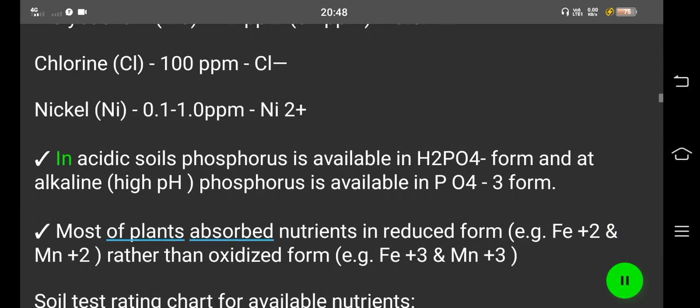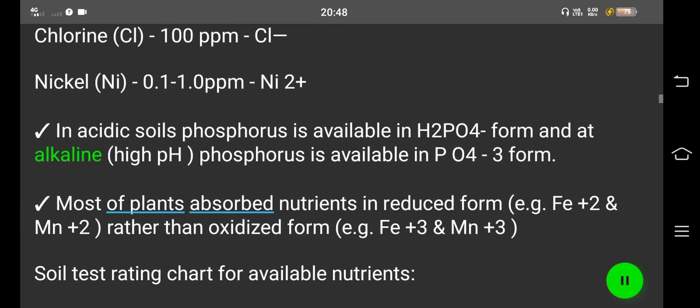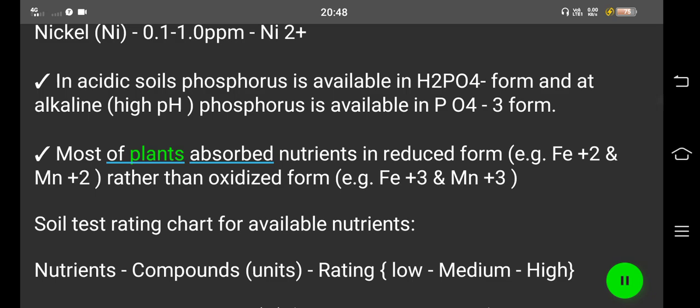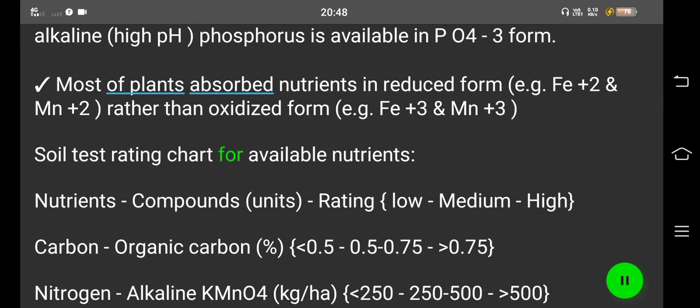In acidic soils, phosphorus is available in H2PO4 form, and at alkaline, high pH, phosphorus is available in PO4 3- form. Most plants absorb nutrients in reduced form, e.g. Fe2+ and Mn2+, rather than oxidized form, e.g. Fe3+ and Mn3+.